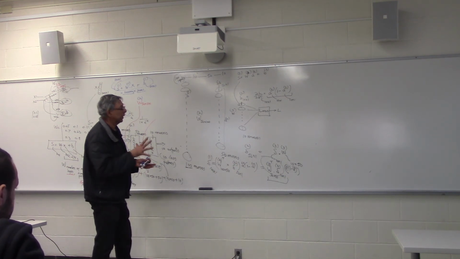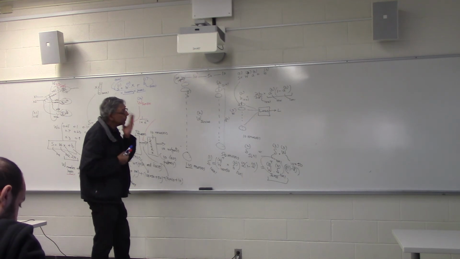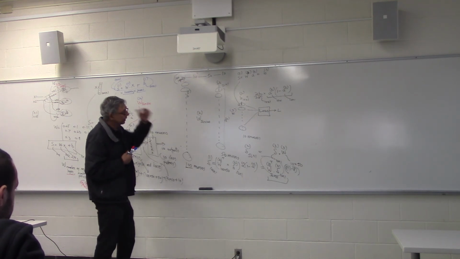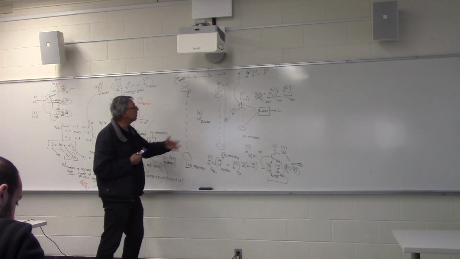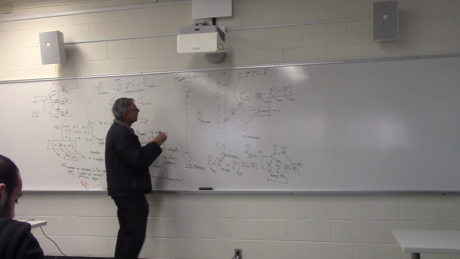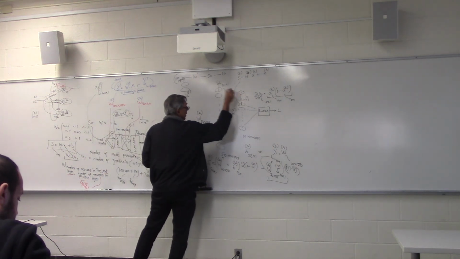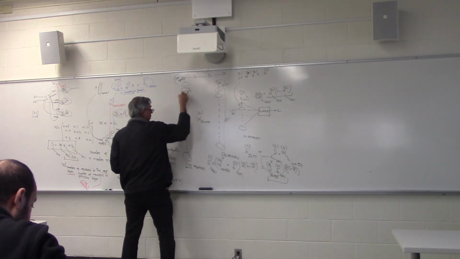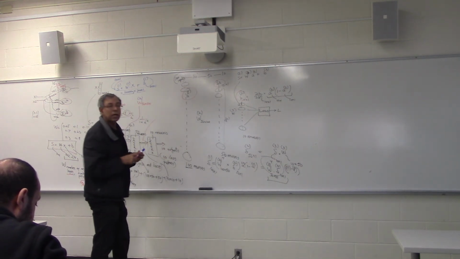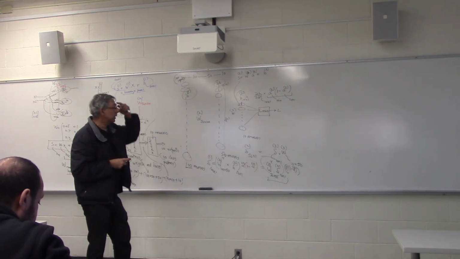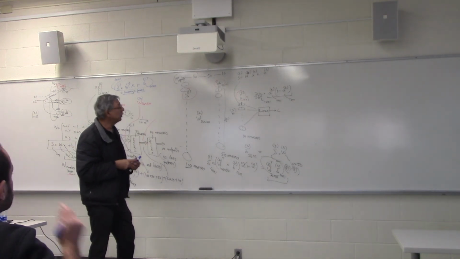Okay, 2 more minutes, then I'll stop and let you guys go. Now that we have figured out how to compute delta 3, delta 2, delta 1, we need to compute the gradients in the matrix form.